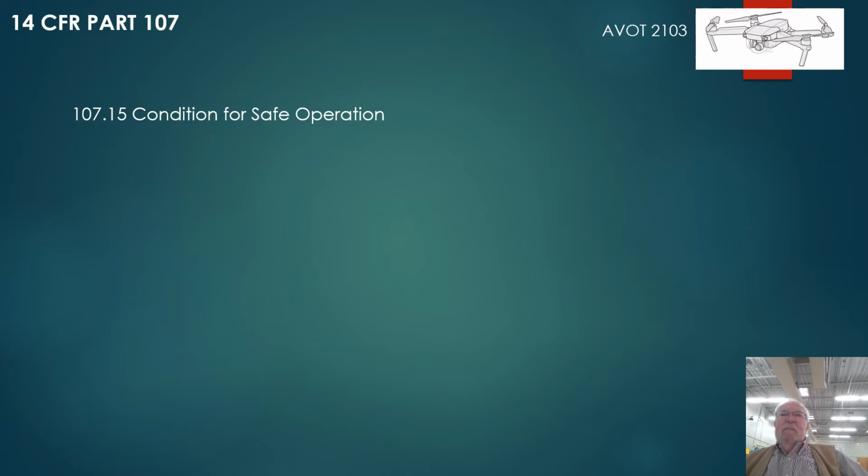No person may operate the small unmanned aircraft unless it is in condition for safe operation. Prior to each flight, the remote pilot in command must check the small UAS to determine whether it's in a condition for safe operation, and if at some time during the flight or the operation he or she becomes aware that there is a problem with the drone, and decides it's no longer in a condition for safe operation, he needs to terminate the operation, pretty obviously.